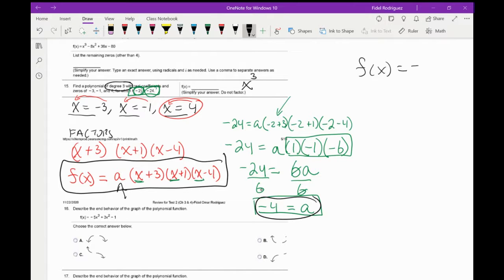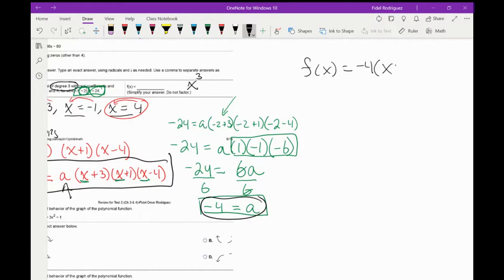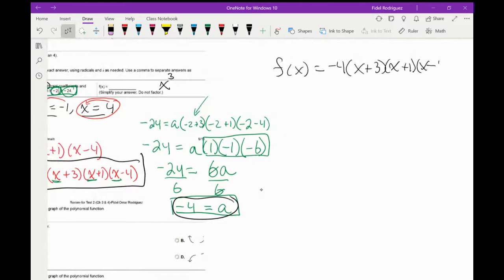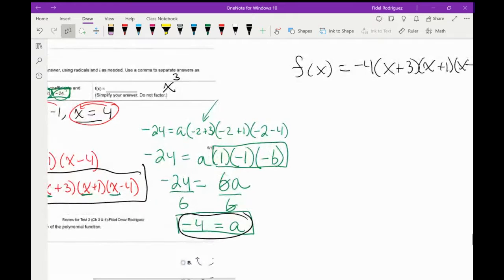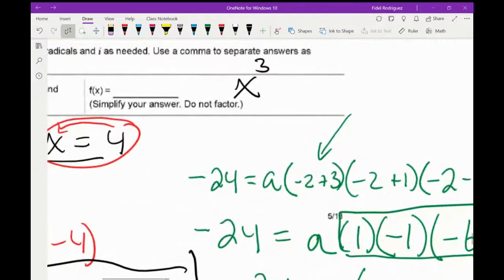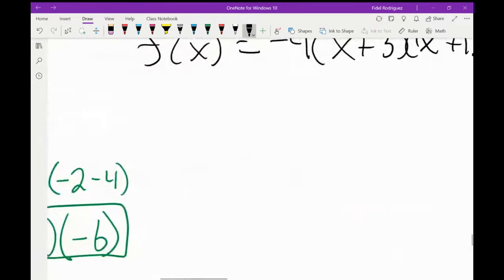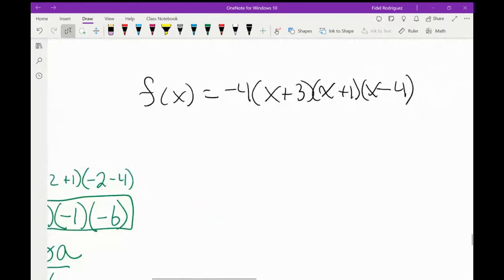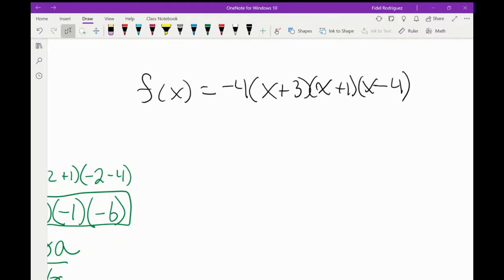F of x equals -4 and then we had an x plus 3, an x plus 1, and an x minus 4, right? Now I'm going to zoom in real quick, guys, here where my answer part is. Do you see right here where it says do not factor? Well, the trouble is here at this step, what we have is we have it in its factored form.